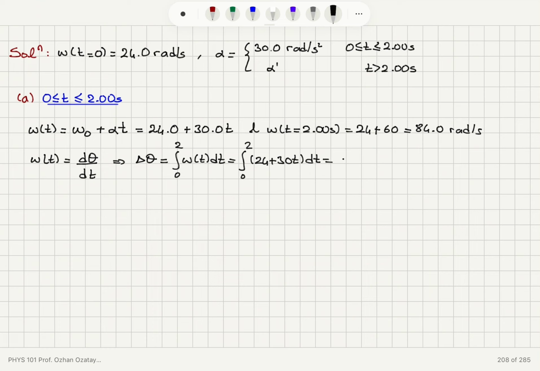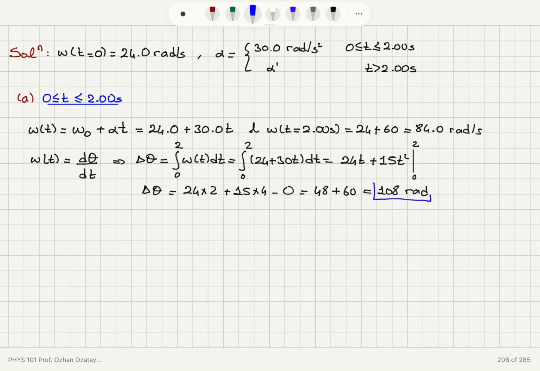This would be 24t plus 15t squared, evaluated between t equals 0 and t equals 2. So we find that the angular displacement delta theta will be 24 times 2 plus 15 times 4, minus 0. So this will become 48 plus 60, 108 radians.